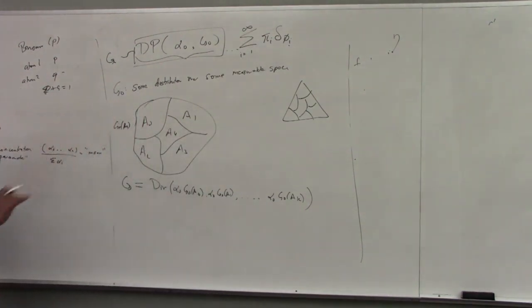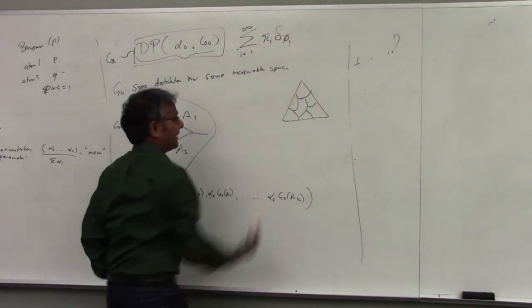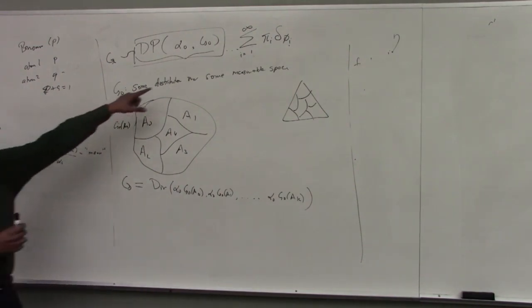Okay, this takes some work, but it can be shown. In other words, the distribution has, I don't want to say finite support, but sort of countably infinite support. It's not a smooth thing. Anything you sample from this is going to have a fixed discrete set of things at specific points in the space, because it's a countable set.